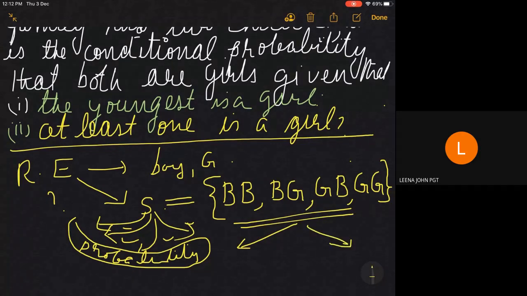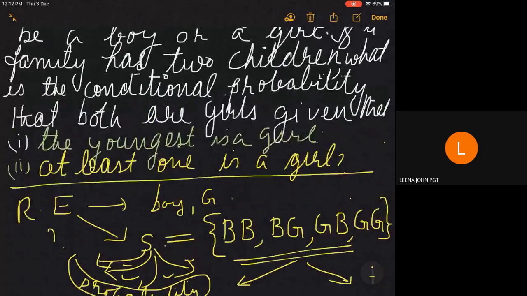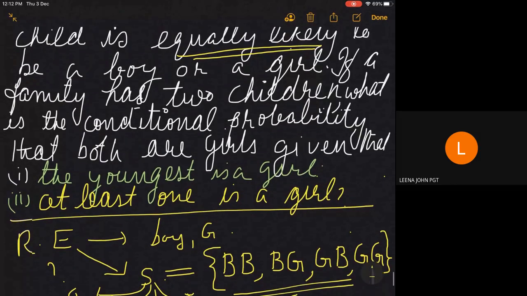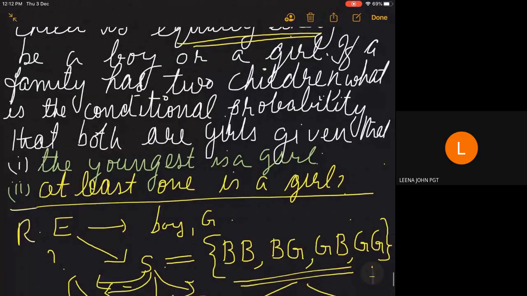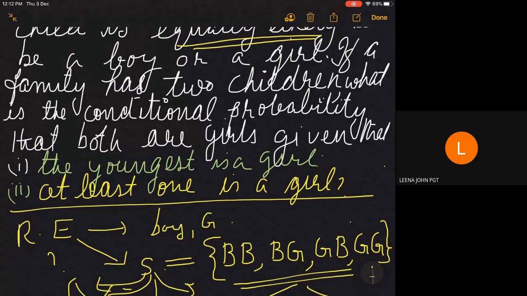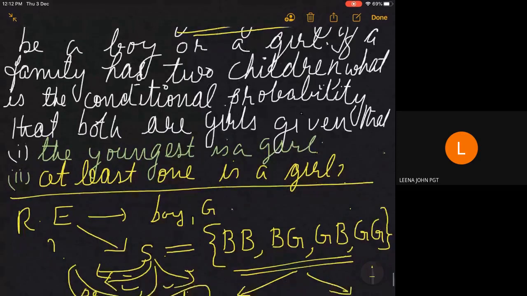In our question, we have to define some events according to the question. The question is: if a family has 2 children, what is the conditional probability of, all of you know that probability is asked for the event. So here the probability is asked first that both are girls.